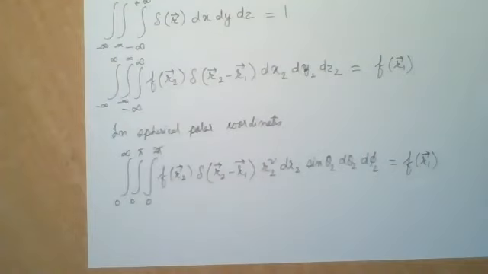And then we come to the last property of the Dirac delta function. So the last property is property number 7.